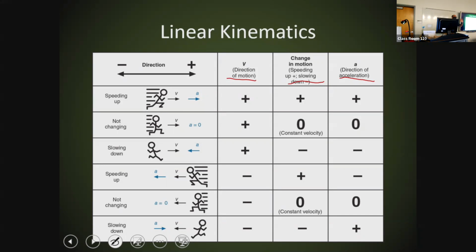In this case, if you're facing this figure, the person that is going to your right is going in a positive direction, and you can separate this chart into 2 different charts. So this is essentially the positive direction in terms of their actual motion, and then the negative direction on the bottom.